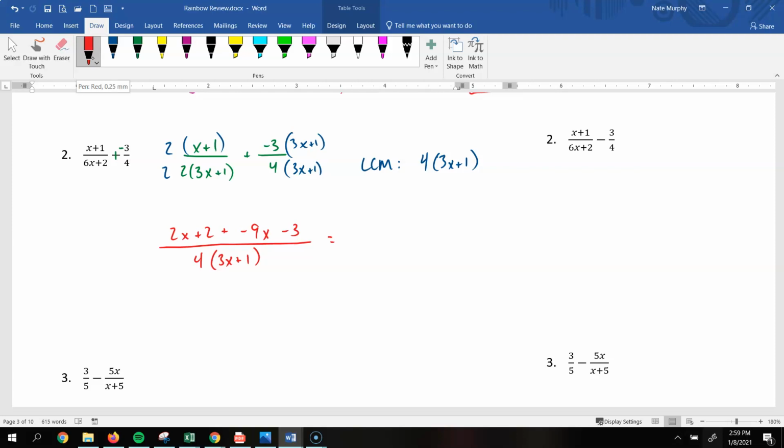So 2x minus 9x would be negative 7x. And 2 minus 3 would be negative 1. In our denominator, we would have 4 times 3x plus 1. So that would be your final answer for number 2.